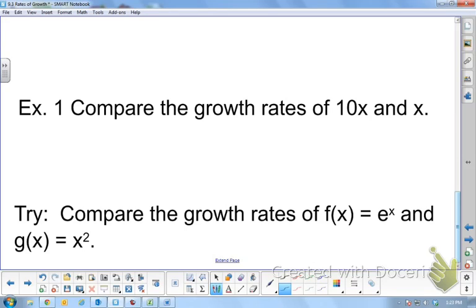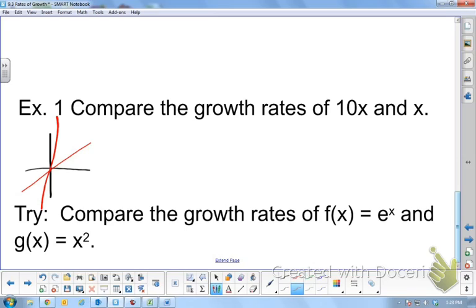So graphically, what are the graphs of 10x and x going to look like? x is just the diagonal line. What's 10x going to look like? Skinnier. Steeper. Yeah, skinnier as in probably closer to the y-axis.